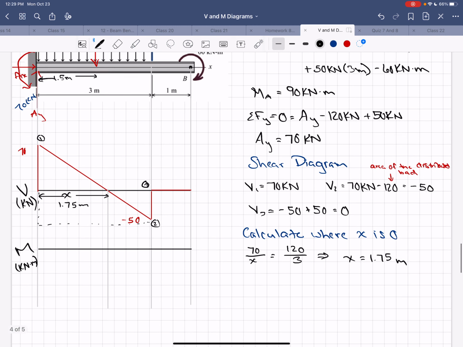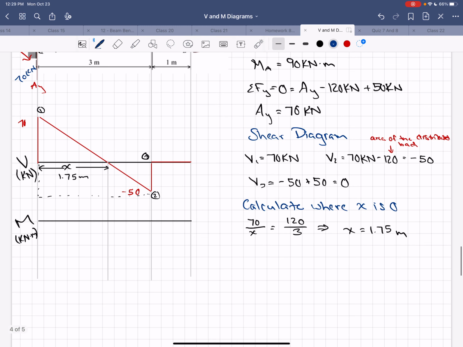Okay, so we're going to calculate the moment diagram using areas on the shear diagram and moments.